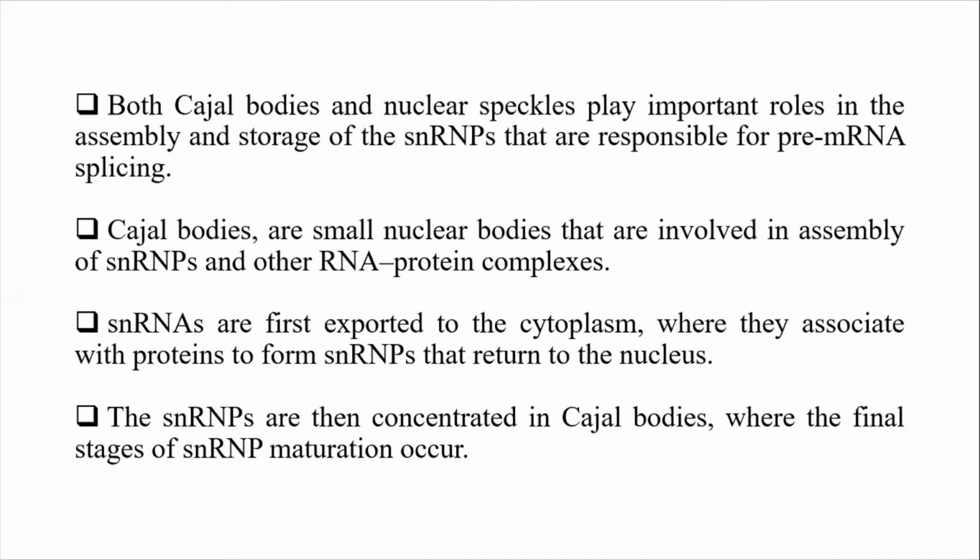For the intron splicing. Where will introns be present? In your RNA, which is present in the nucleus. So this is what I explained in the last lecture, where first the RNA goes outside from the nucleus to the cytoplasm, gets associated with its protein, and the entire snRNPs are recruited inside the nucleus. Then they are stored in the Cajal bodies.